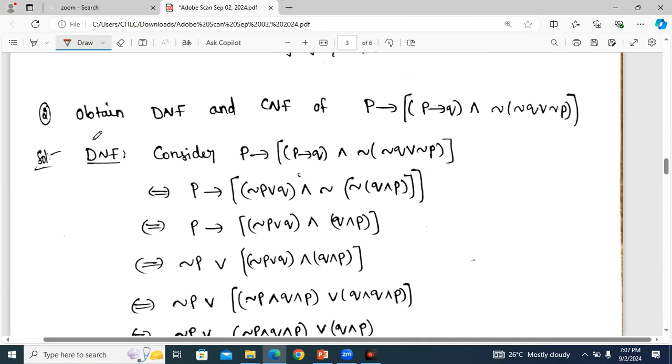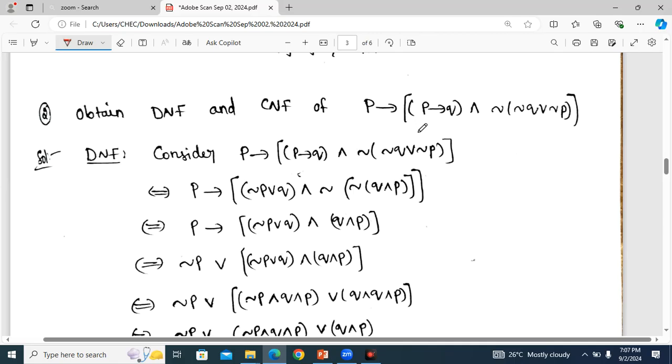Second one: obtain the disjunctive normal form and conjunctive normal form of (P implication Q) and negation of (negation Q or negation P). First we eliminate implications by replacing equivalent formulas.